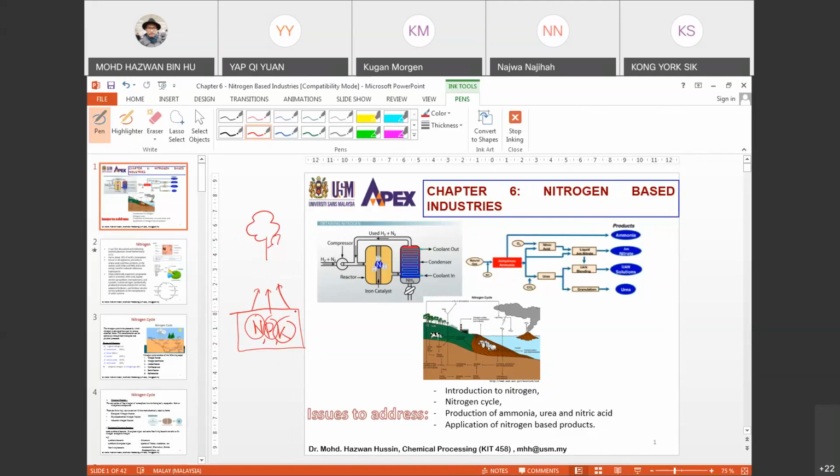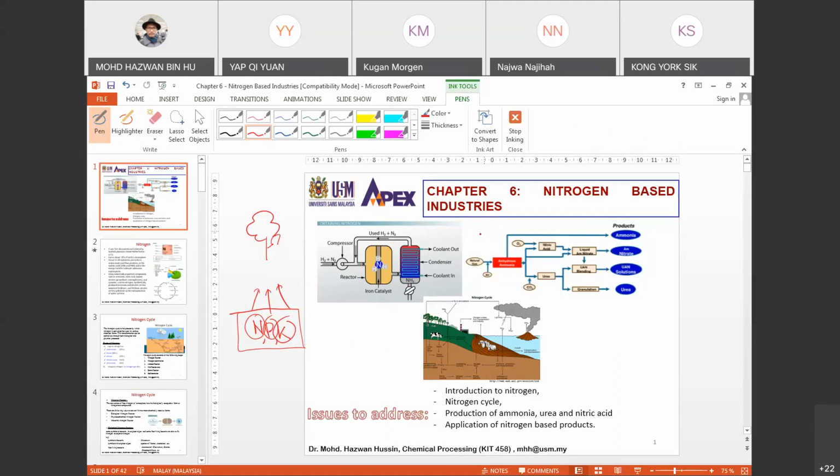So some examples of fertilizer are urea and phosphate fertilizer. All these are useful types of fertilizer.